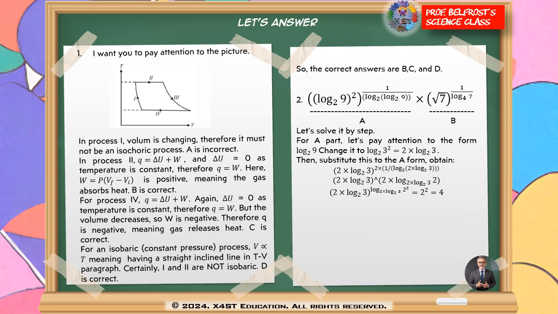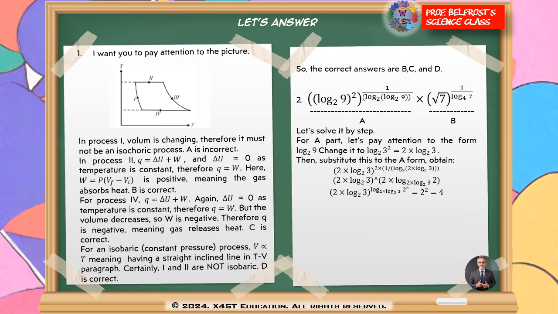Because if we pay attention, we have the form log base a of b, then actually this form can be reduced to just b. So now we have reduced the form to b, where here b is 2 to the power of 2.